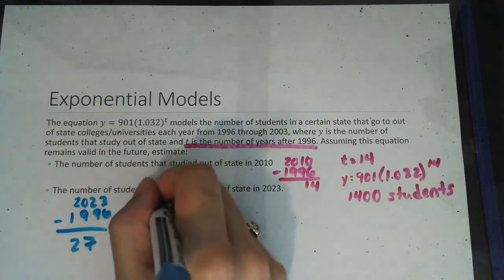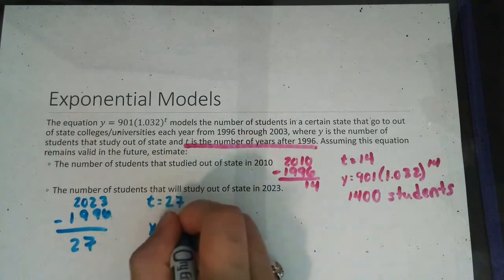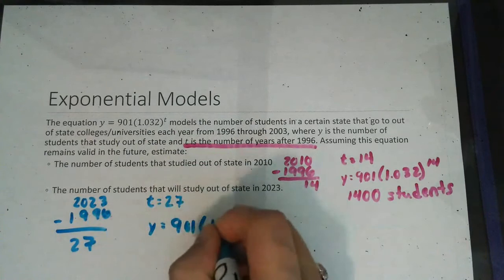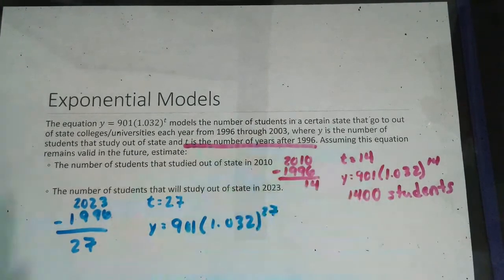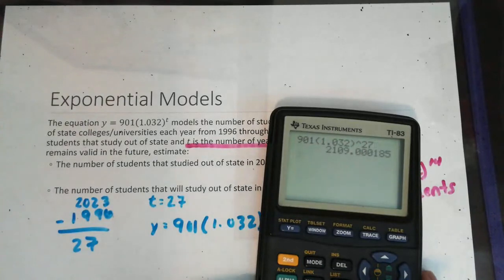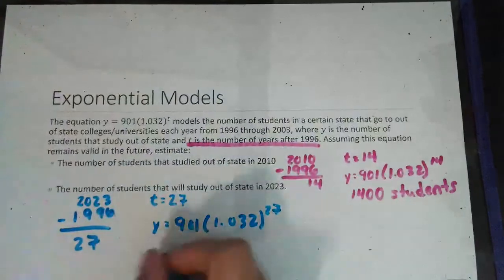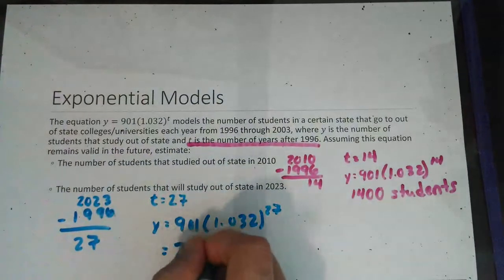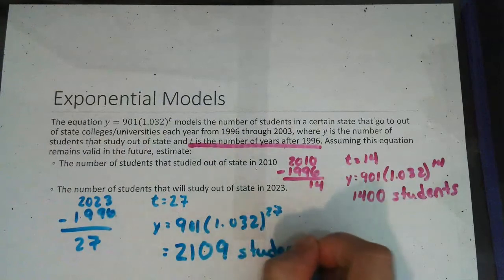So if we plug in t equals 27, then we'll have y is equal to 901 times 1.032 raised to the 27th power. Which, if I round to the nearest student, it's really darn close anyway, 2,109. And again, that's measuring students.